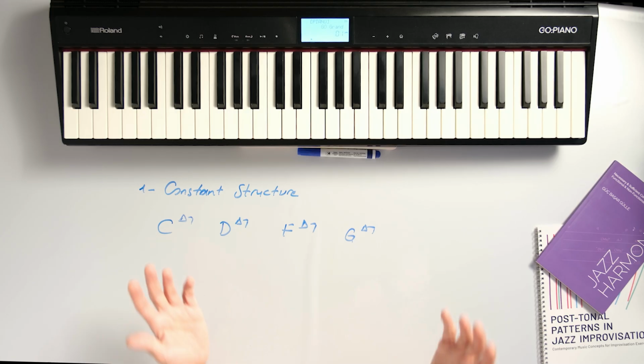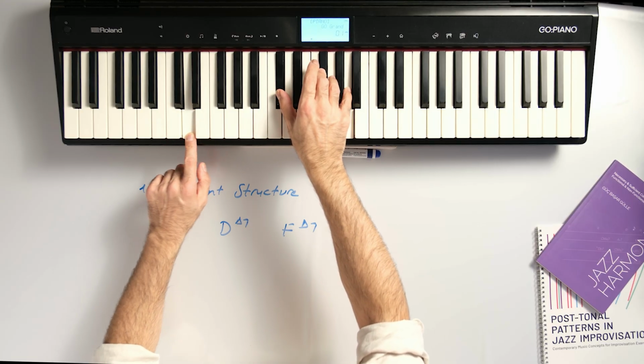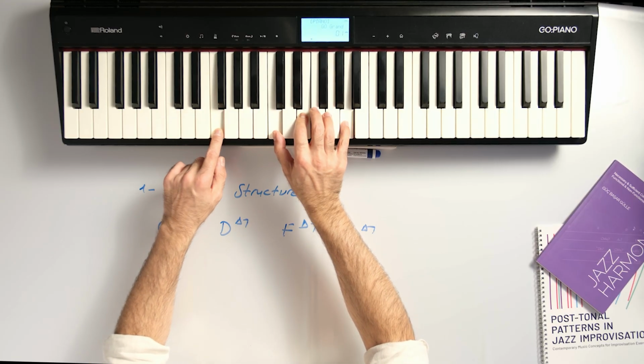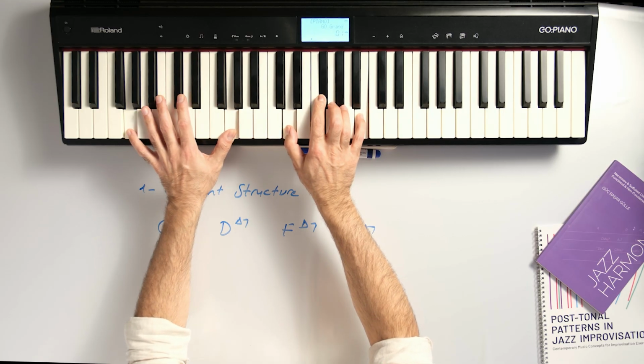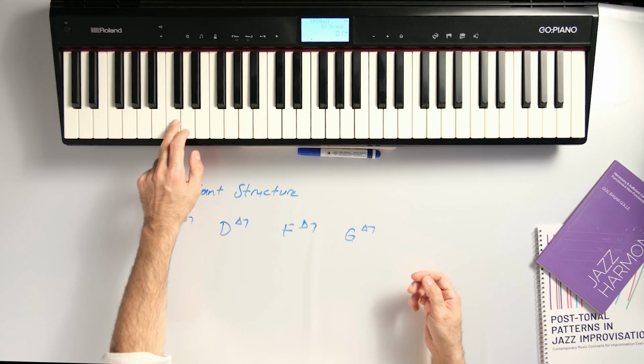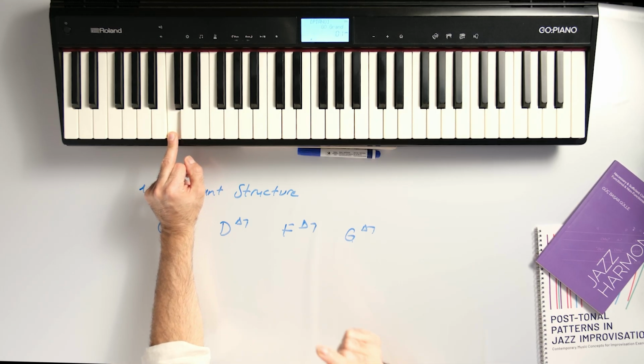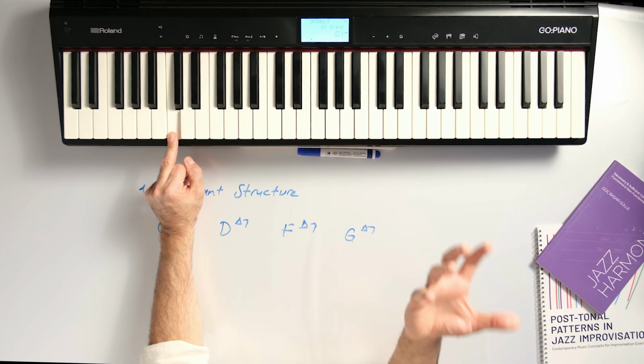And then let's hear the chord quality and we'll see how it sounds. C major 7, D major 7, F major 7, then G major 7, and where's the center? Where's the 1? I just start with the first chord root, but it doesn't make sense at all.